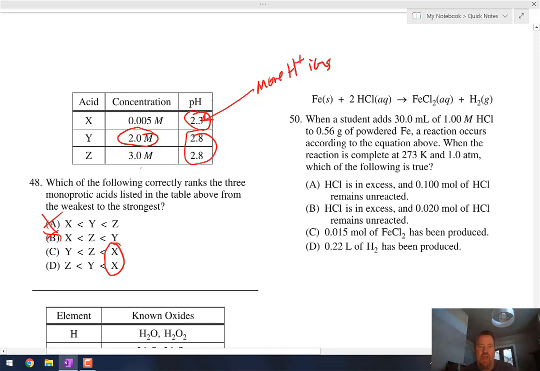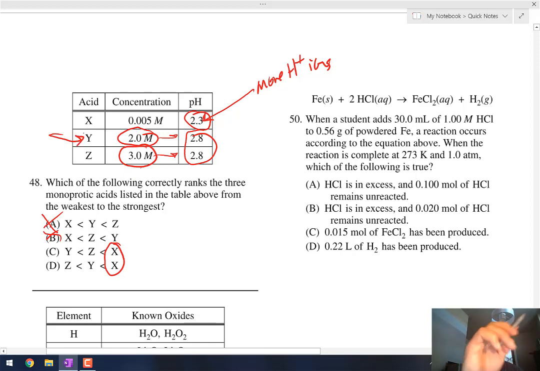So whichever one has the lower concentration but produces the same amount of hydrogen ions, this one has more acid particles in it, but it produces the same amount of hydrogen ions as the 2 molar one does. That means that acid Y is a stronger acid than acid Z is.